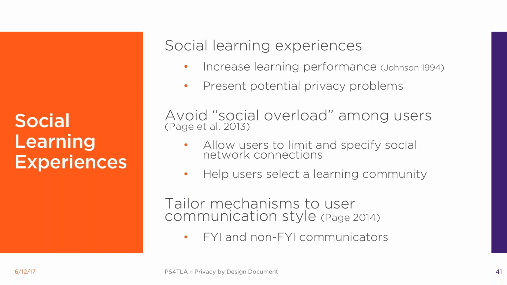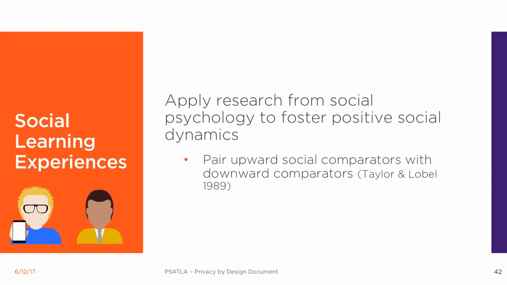One useful trick to pair users, for instance, if you want to have paired learning, is to leverage findings from social psychology research. Researchers have found that some people perform better if they compare themselves against people who perform better than them. This is called upward social comparison. Whereas others perform better if they compare themselves against people who perform worse than them.